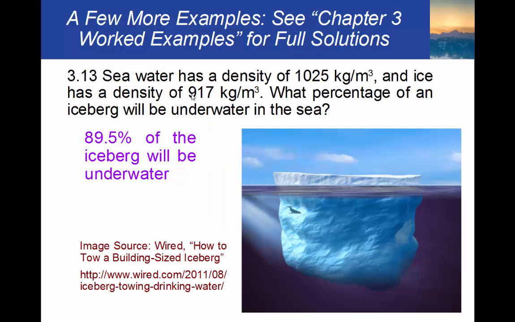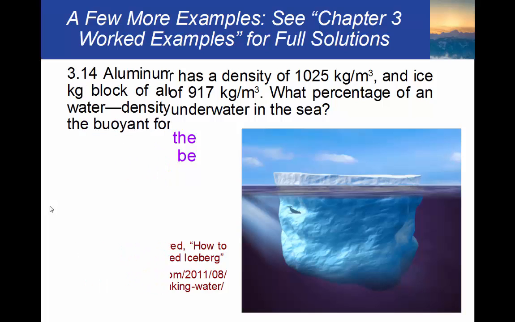And so given that we have only 3 significant figures for this density, that means 89.5% of the iceberg will be underwater. Certainly lets you see what's meant when people say just the tip of the iceberg. We're only seeing the top 10% of this iceberg, and the other almost 90% is underwater.